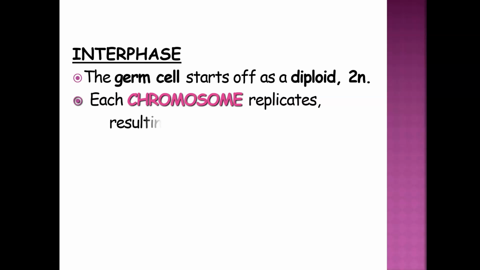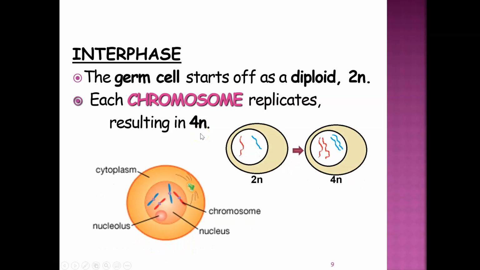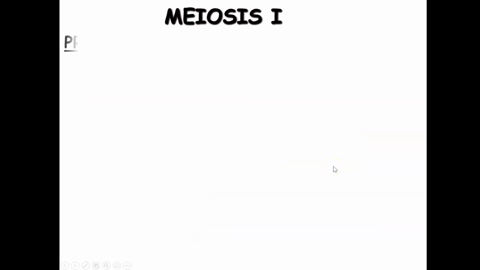Each chromosome will be replicated by the end of interphase, resulting in basically 4N. So this is the regular germ cell, 2N, and the chromosomes are replicated, so you basically have 4N.